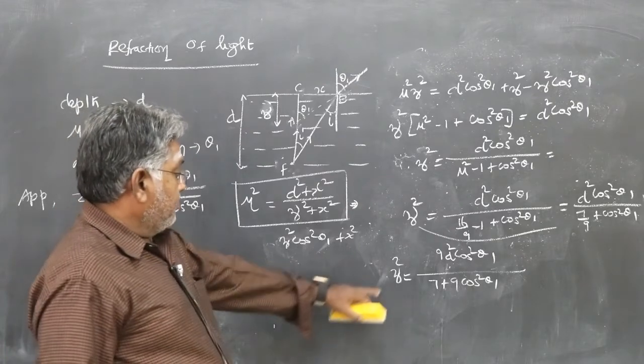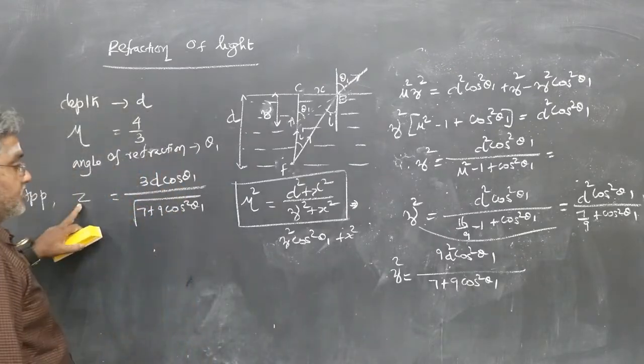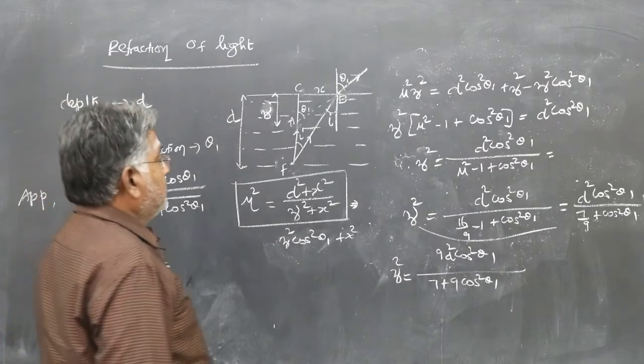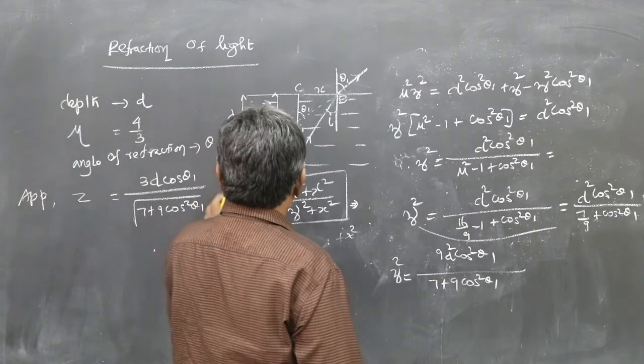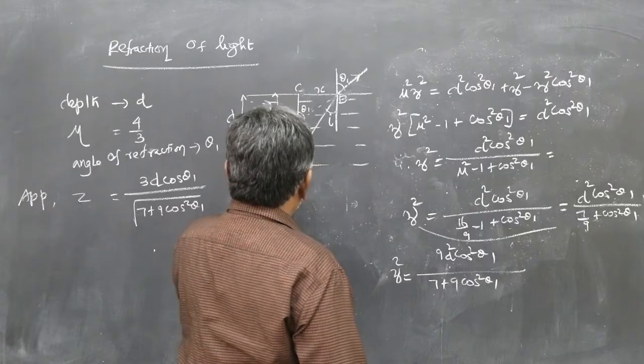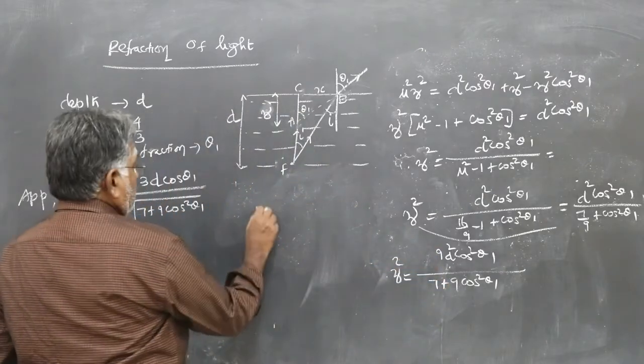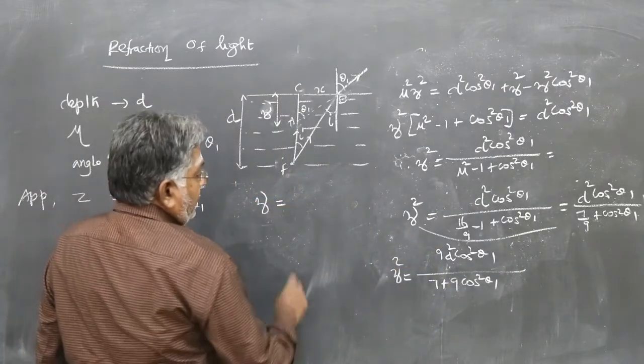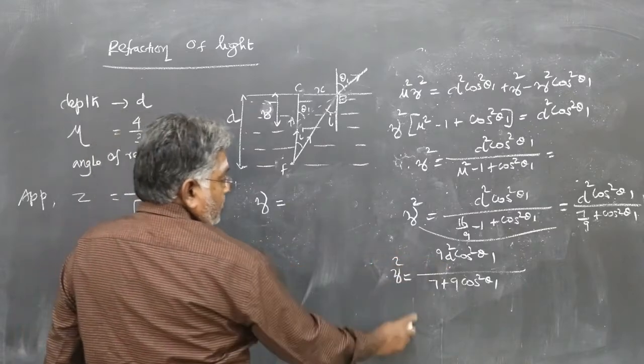But what we want is simply z. Therefore you get z as the square root of the whole thing.